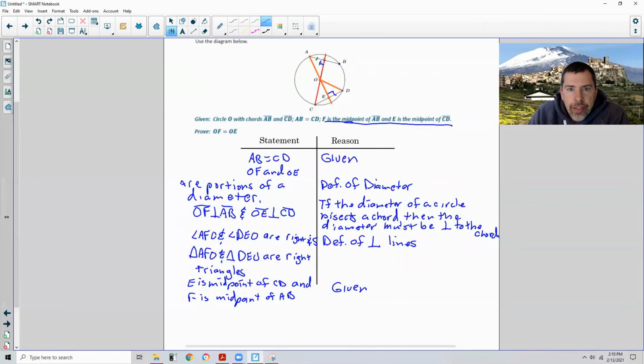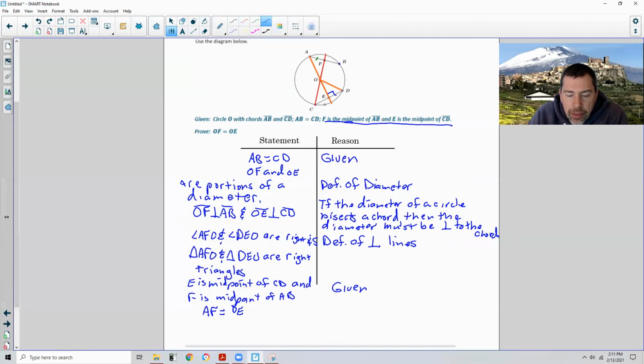All right, so now that we know that those are midpoints, what can we say about that? Now I can say AF, because we already said AB is equal to CD. And since these are midpoints, the segments AF and DE are equal. So AF equals DE because AB equals CD and F is a midpoint and E is a midpoint.